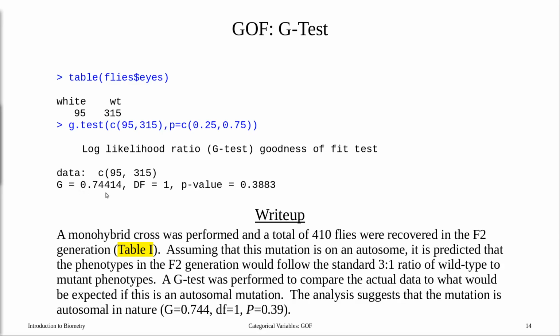It gives us our g, that's our test statistic, our degrees of freedom, and our p-value. So much like before, we've got our write-up, and we would conclude that the analysis suggests that the mutation is autosomal in nature. Our p-value is greater than 0.05. There's our g, there's our degrees of freedom, that's our p-value.